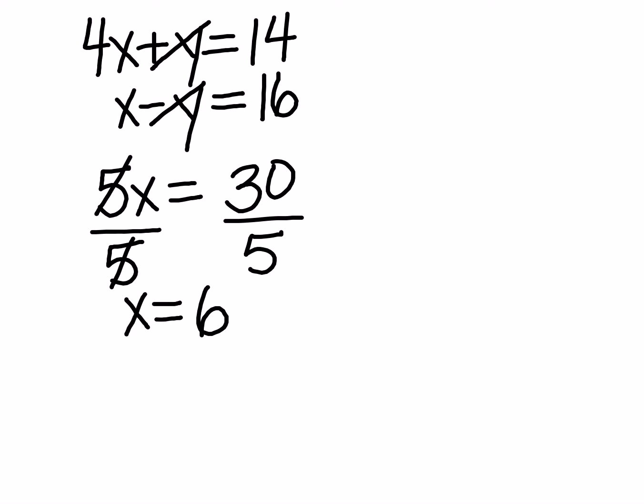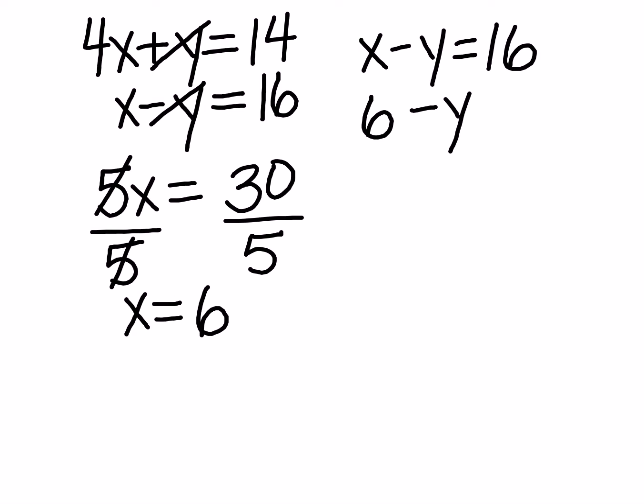So just pick the one that's the easiest and plug in 6 for x. I'm going to use the second equation. x minus y equals 16. Plugging in, I'm going to substitute 6 for x: 6 minus y equals 16. We are solving for y.